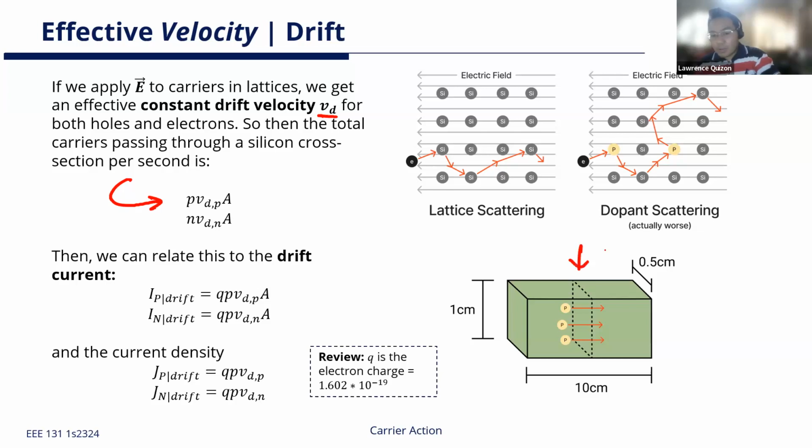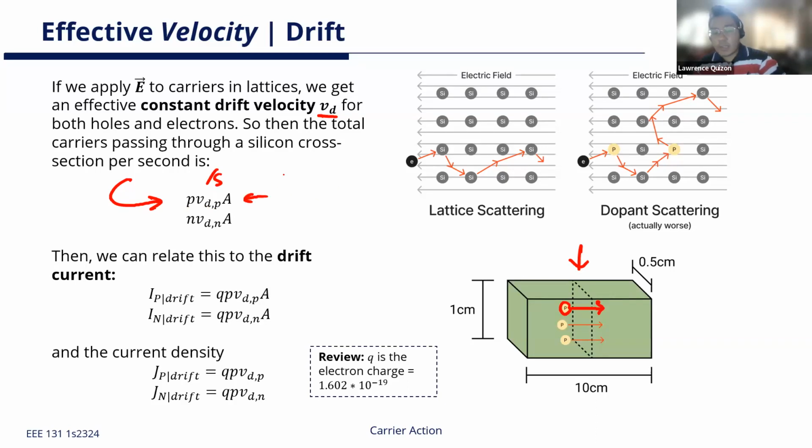So look at this figure. We could count the total number of holes passing through a plane by counting the velocity. All the holes that will pass through an area A at any given moment are at some speed per second.